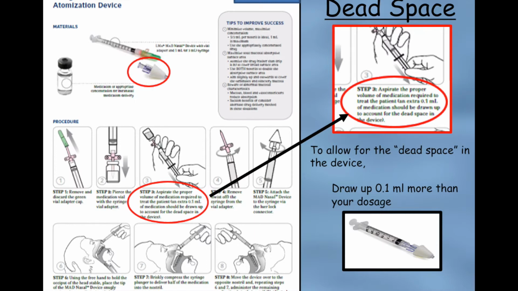So there's an area in the device after you draw medication, the fluid up. Once you've pressed the syringe all the way, there's going to be a 0.1 milliliter residual in the device. So it really may not matter so much with your larger dosing, but it is definitely going to affect your pediatric dosing, and that's why it's important to draw up that extra 0.1 milliliter. And I'll show you in just a minute how important it will be.